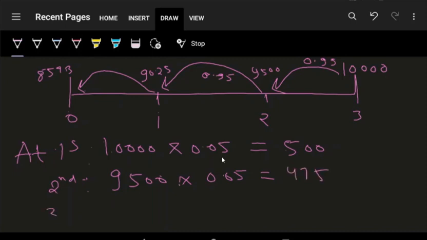And similarly, the discount in the third year will be 9,025 into 0.05. It will come out to be 451.25. So see, in compound interest, interest was earned on further interest. In discounting, first we discounted 500, then we get a discount on this part also, and it will reduce.